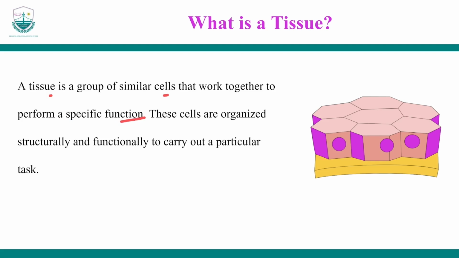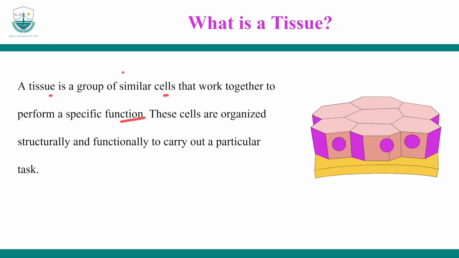These cells do not work individually or independently. Cells work together, and when you have all these cells that are similar in terms of structure, in terms of composition, in terms of shape, that means that they will be able to perform a similar function.